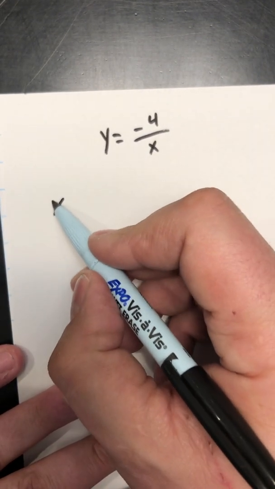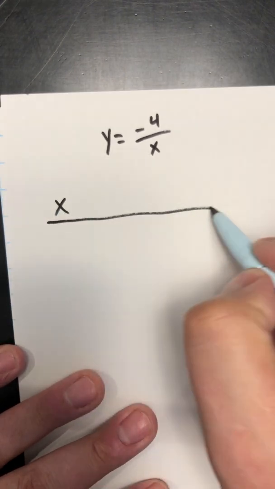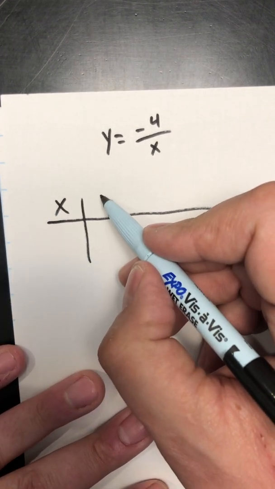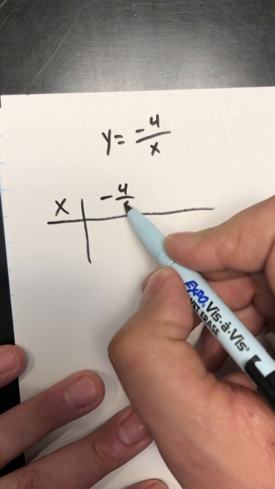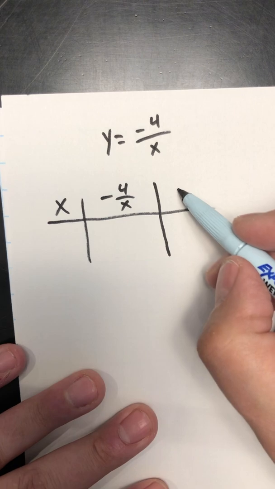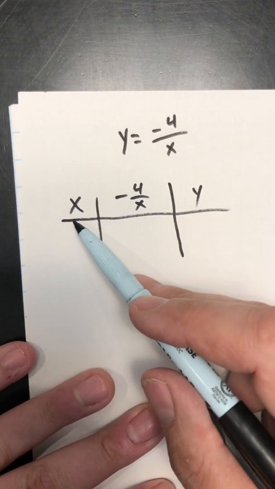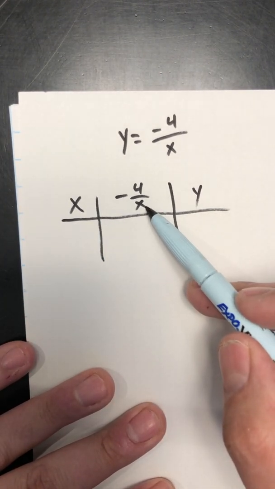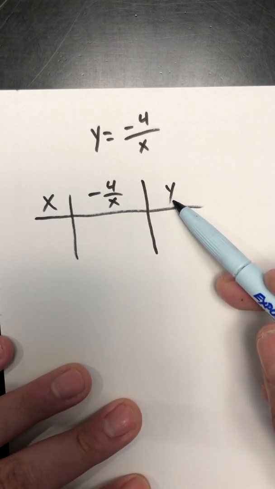All right, so here's my x value. Here's the actual equation of what I do. And then here's the y value. So I've got my input, the function, and then the output.